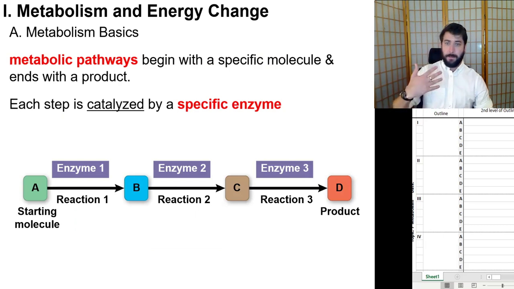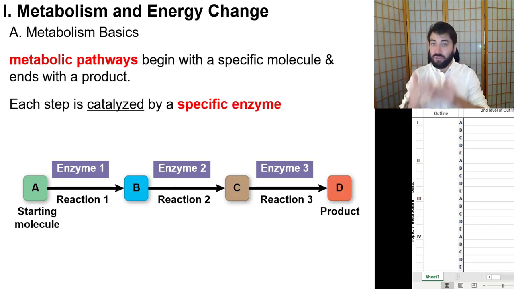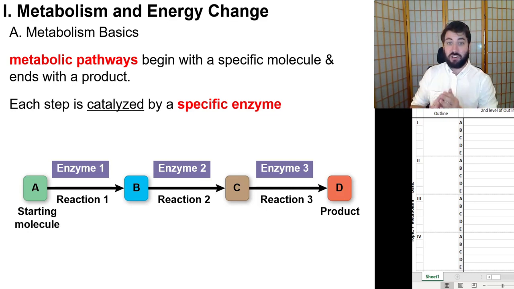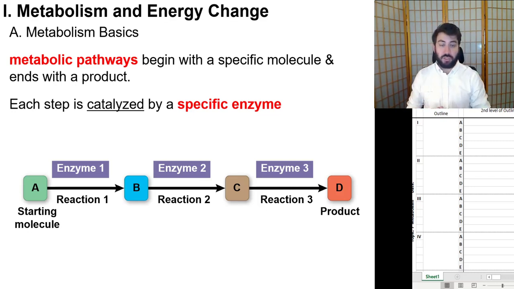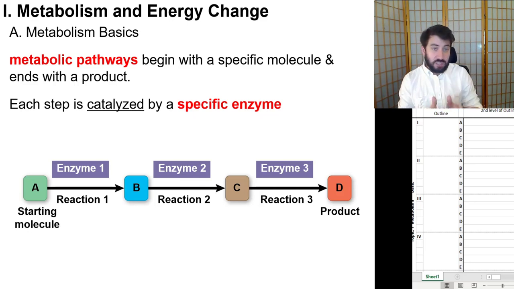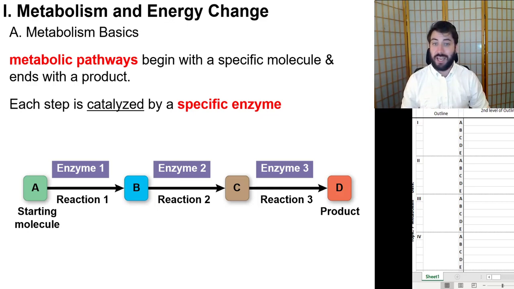Now, metabolic pathways are particular routes, or a series of reactions that occur, that end with your final product. A metabolic pathway starts with specific parts or molecules that undergo specific reactions or processes that are often catalyzed by specific enzymes.